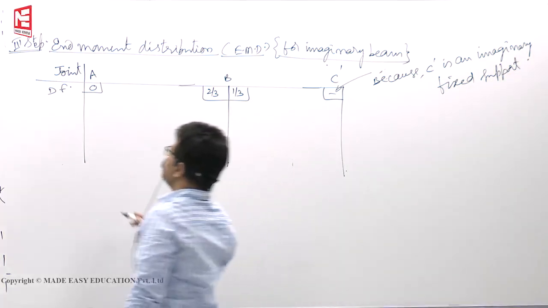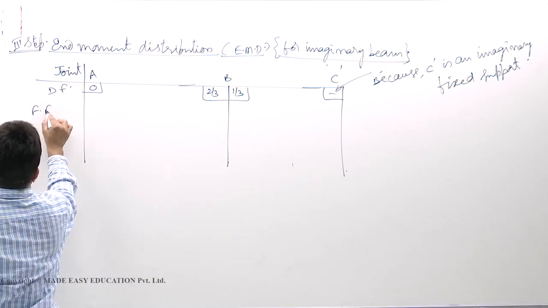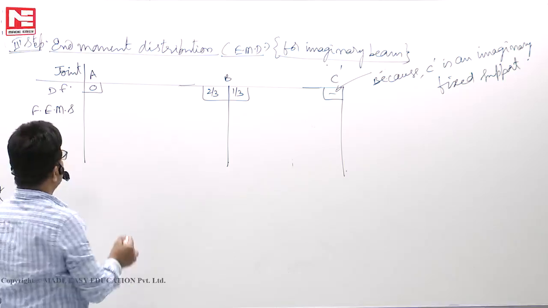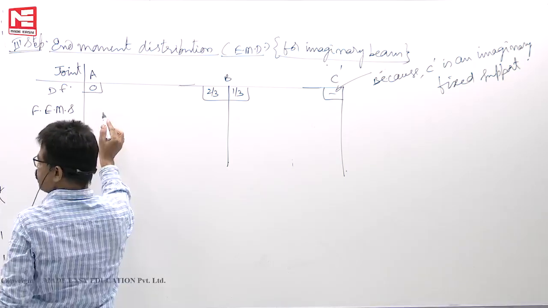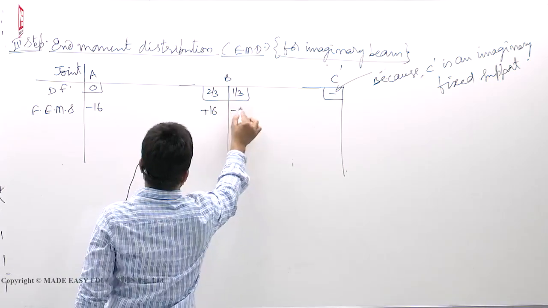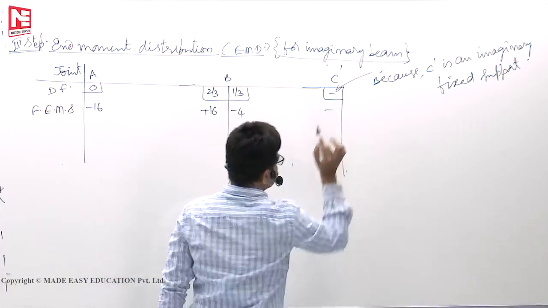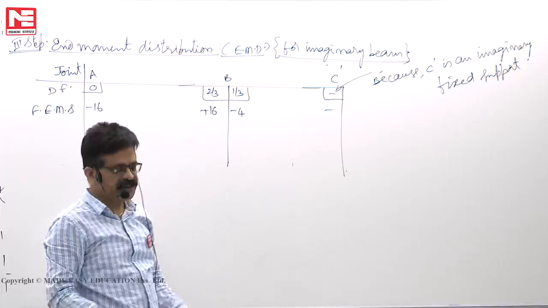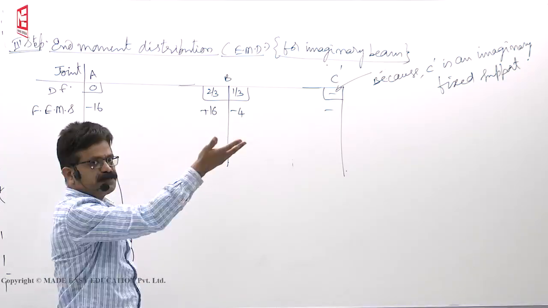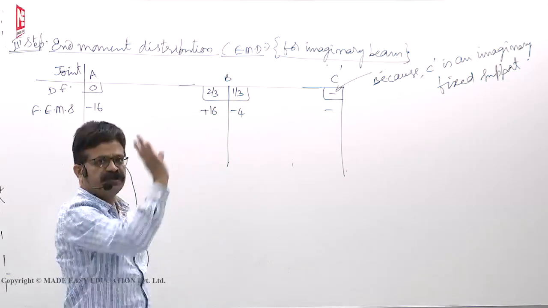Okay. Now you write the fixed end moments. These moments are obtained for the actual beam that we want to distribute. This is minus 16, plus 16, minus 4, nothing. We don't write anything there because at C dash plus 4 is not there. At C it is plus 4, but we have cut and thrown it out.